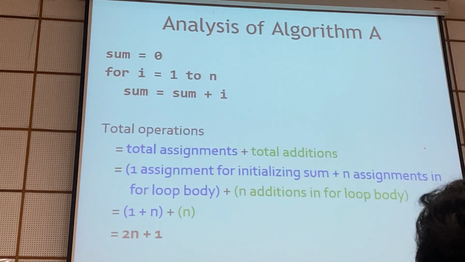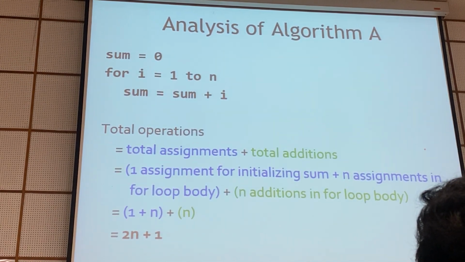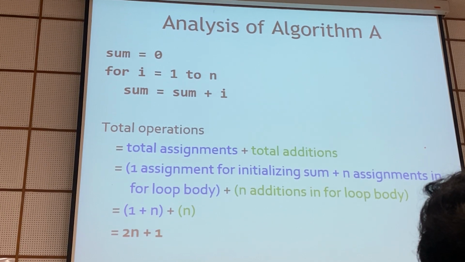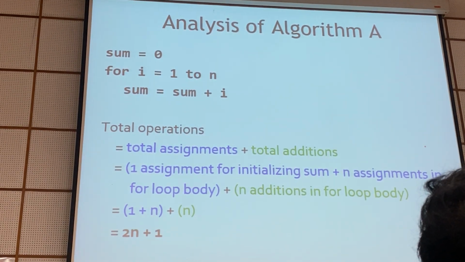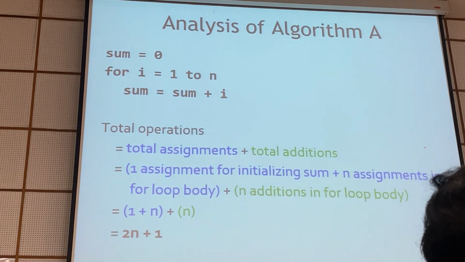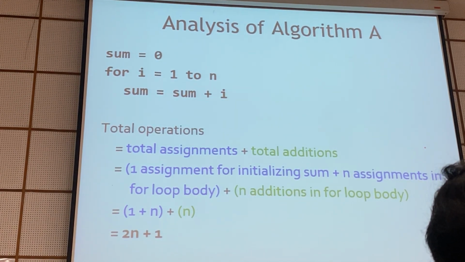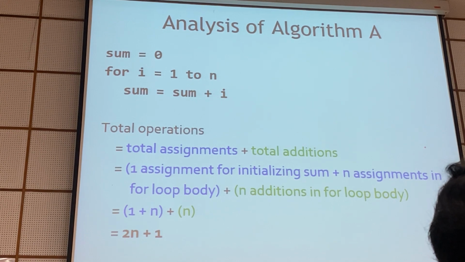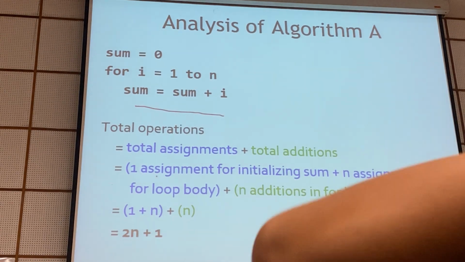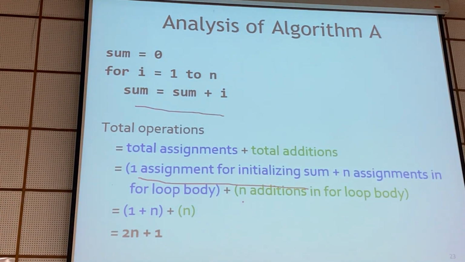So let's take a look at how we do it. Algorithm A, total operation is total assignment plus total addition. Do you understand, Anna? Assignment means you assign the value. Total addition, this is your total addition. I already explained to you. Is there anything you don't understand?